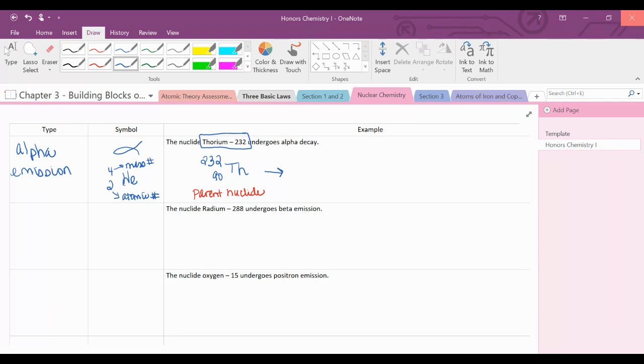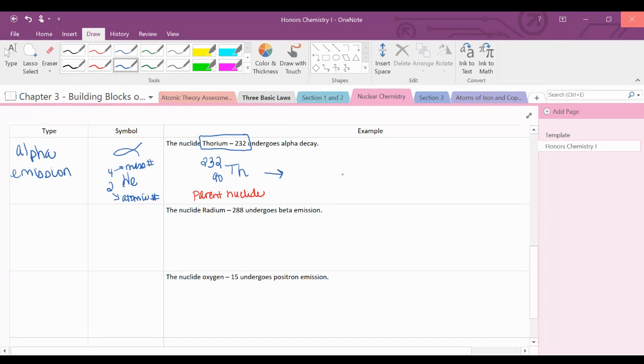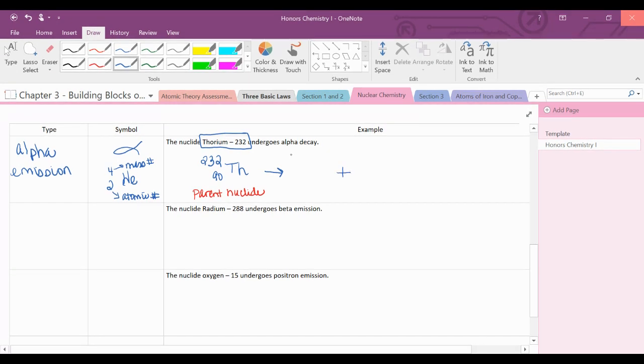Now it undergoes alpha decay, so that means this alpha particle is given off, so we're going to write the symbol for the alpha particle. And in this case, we're not converting mass into energy, so our mass here is going to be conserved. This means that if I take the mass number of thorium and subtract the mass number of helium, and I'm doing that because thorium's on the reactant side and helium's on the product side, this will give me the mass number of my new nucleus.